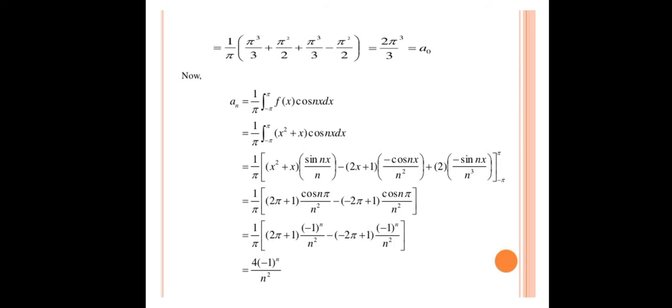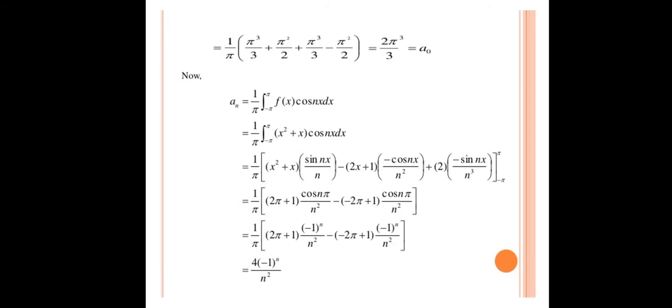Then solve these equations: 1 upon pi, 2 pi plus 1 cos n pi divided by n square, minus of minus 2 pi plus 1 cos n pi upon n square, where the value of x is equal to pi or minus pi.